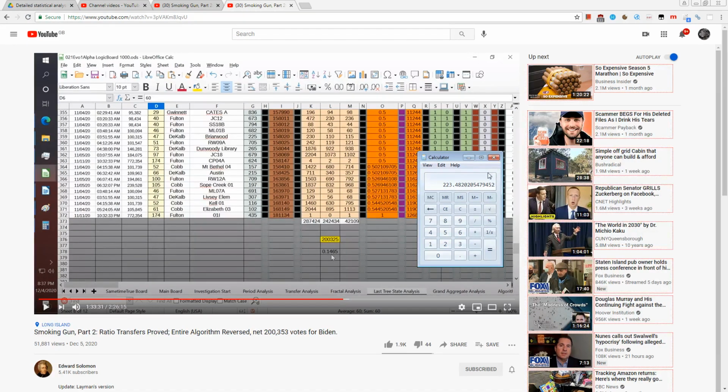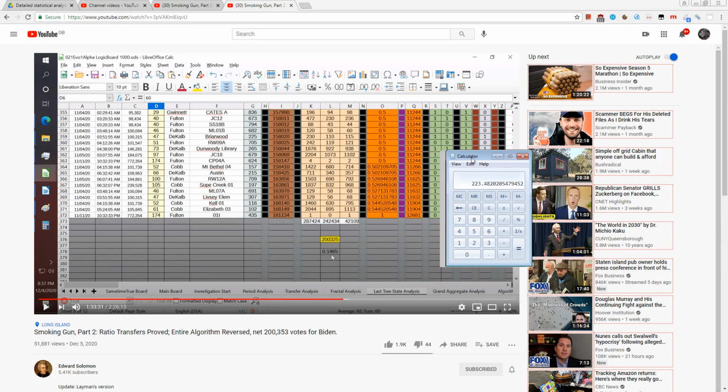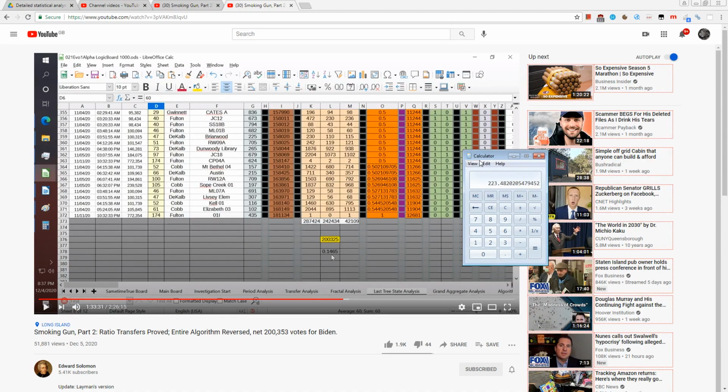The percentages that end up being used. So obviously that is then split across all of the precincts that are hijacked.